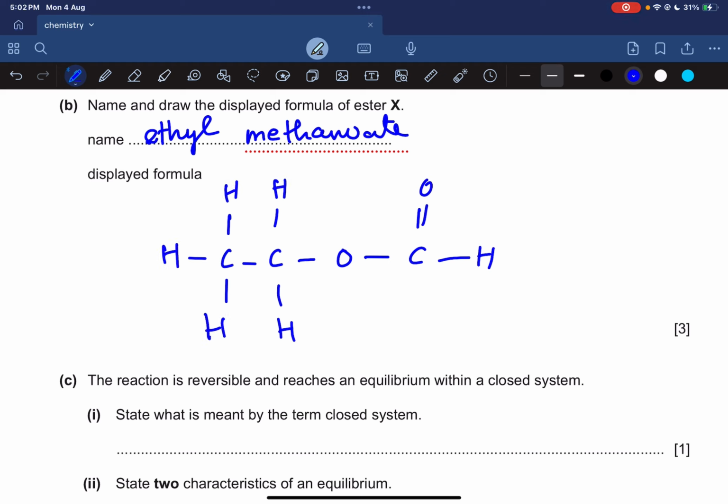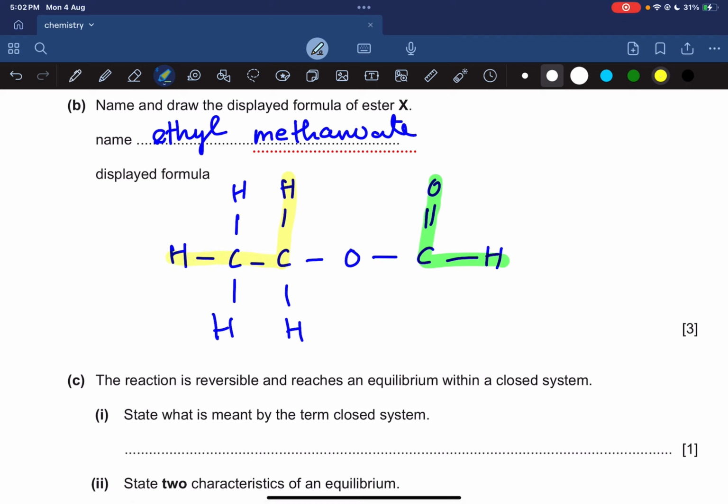So this is ethyl methanoate. And in case you are worried, this part is your methanoic acid part and this part is your ethanol part. I hope you get it now.